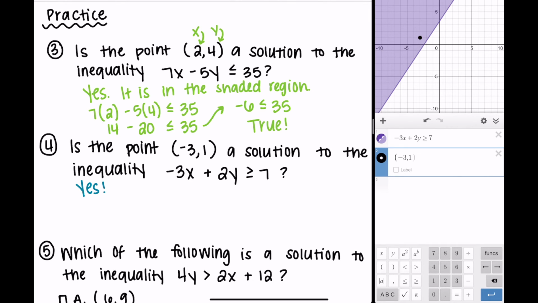So since it's in the shaded region, it is a solution. Now let's test it. So that would be 9, positive 9, plus 2 is greater than or equal to 7. And 9 plus 2 is 11. And 11 is greater than 7, so that is true.